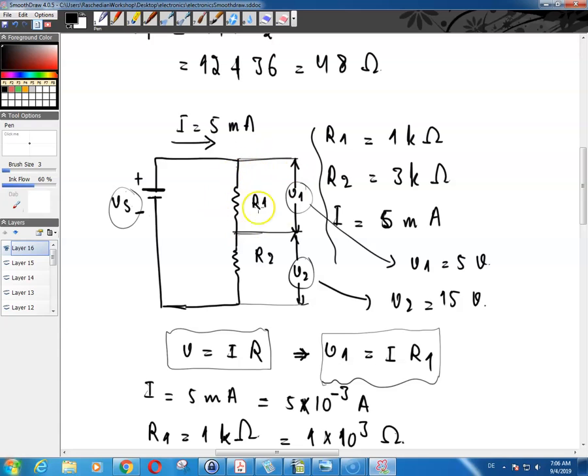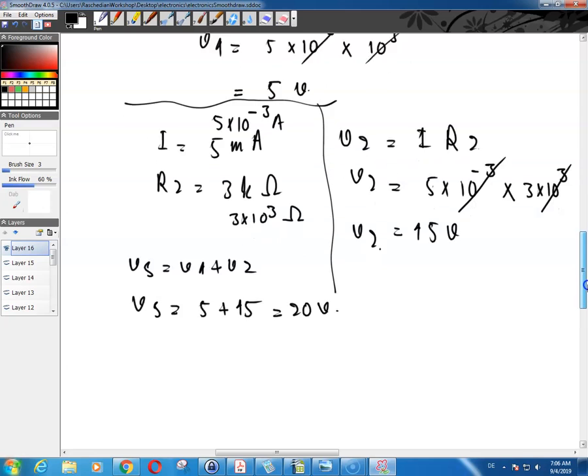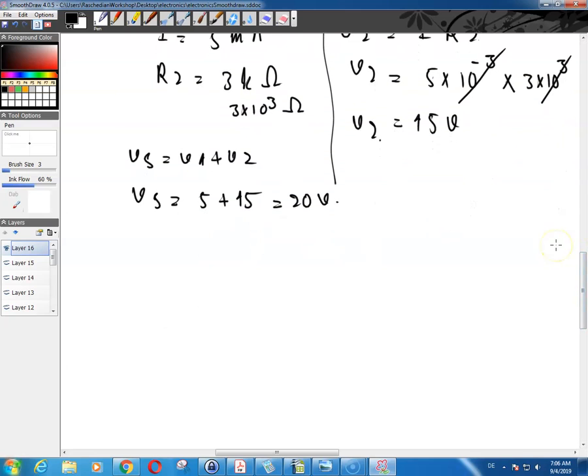So R1 is just 1 kilo ohm, and R2 is 3 kilo ohms. So there is some relationship, meaning that the voltage is being dropped proportionally between the two resistors depending on the value of the two resistors. Okay, so that is that.